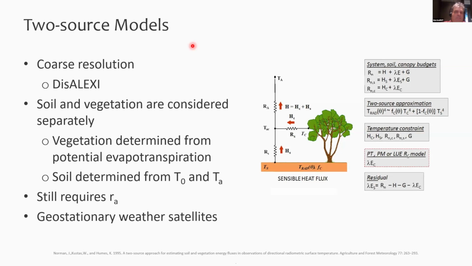And then I only mentioned Martha's DisALEXI here. This is quite cool because ALEXI was her first model, which was based on Norman's 1995 model with Bill Kustas, I believe. And then she uses the ALEXI model and Landsat thermal infrared to downscale. And that's what the DisALEXI approach is. And I have a paper here, Norman's 1995 paper. From there, you can see how the science has evolved.